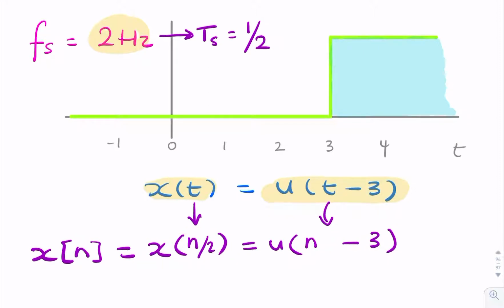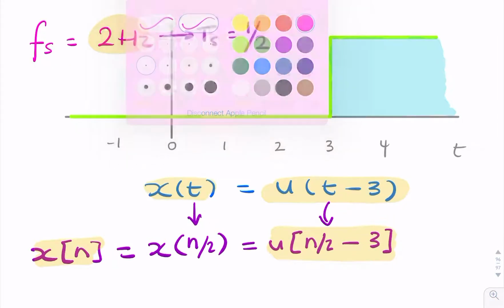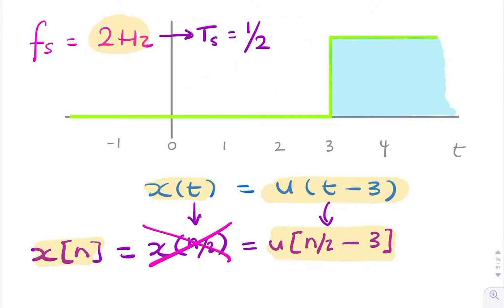So we have n over 2, n over 2. And I can now replace the brackets with square brackets. And this is now my discrete time expression. And I no longer really need this. So x of n equals u of n over 2 minus 3.